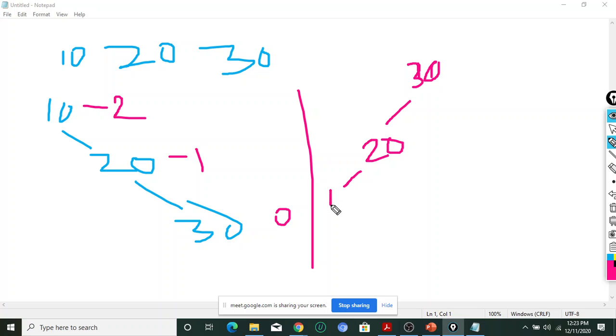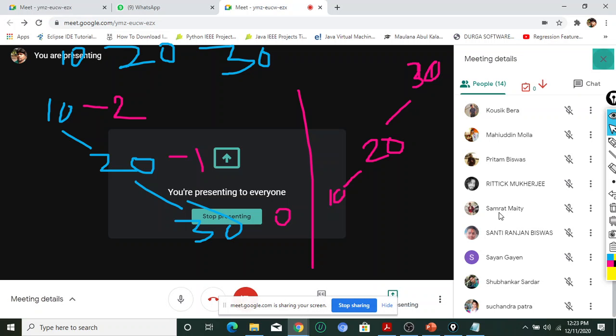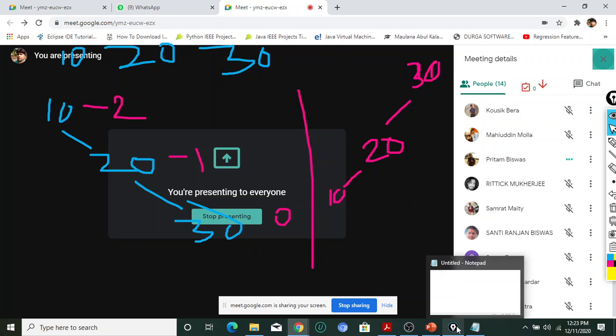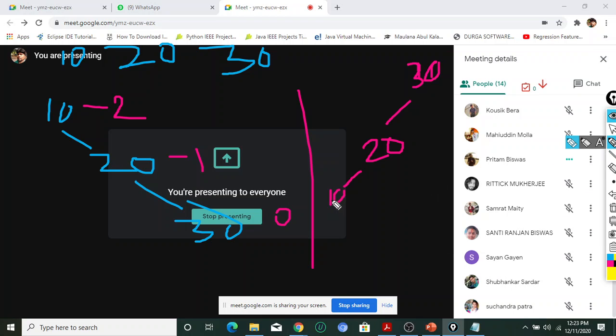Now if I consider 30, then 20, then 10. Pritam, am I audible to you? Are you there? Just tell me, what is the balance factor at the root node, 10? 0.